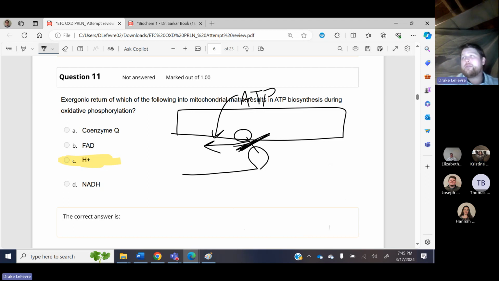When we exercise, what happens? As we start to exercise, do our muscles heat up or do they cool down? Heat up. They heat up. Heating up or releasing heat is what kind of reaction? Exergonic. Exergonic reaction, right?